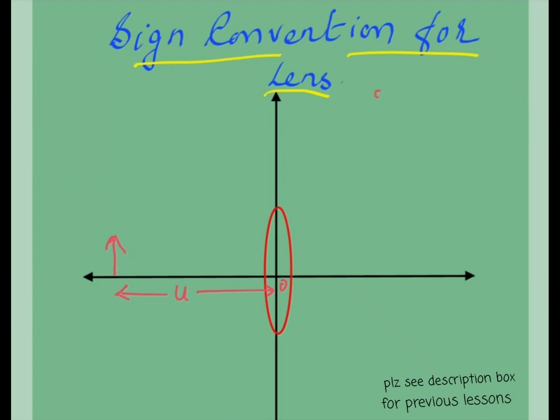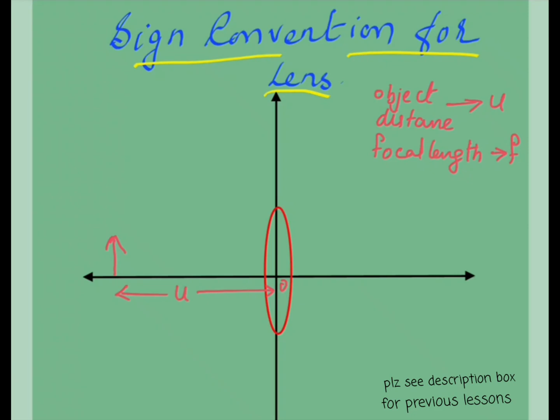So we can write object distance as U. Then we have the focal length of convex lens or concave lens. It is represented using small letter F. And the image distance, the image can be virtual or it can be real.